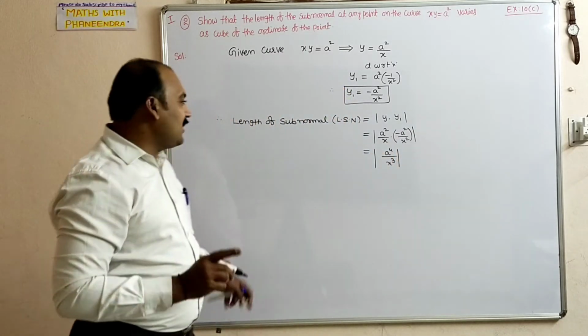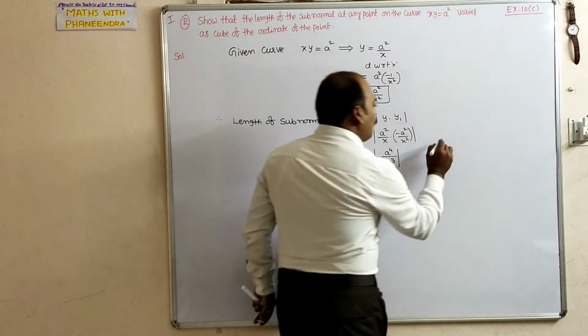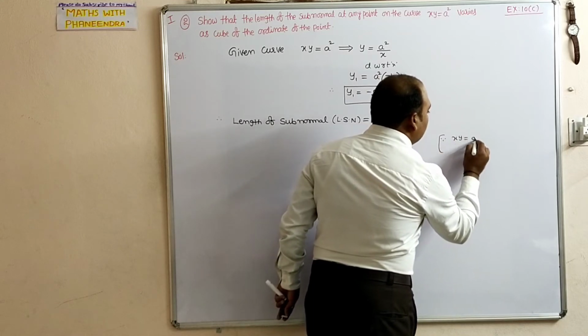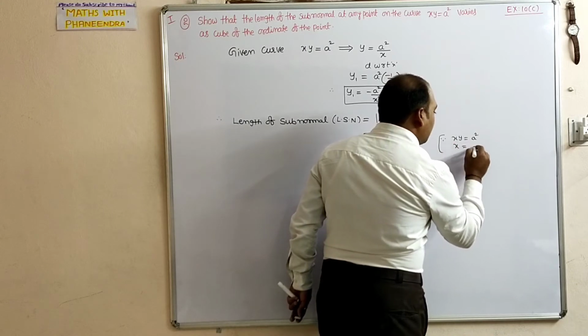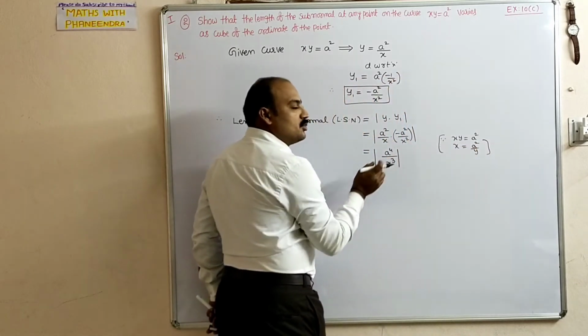But the answer they are asking to show is the cube of the ordinate. From the curve we have xy equal to a square. From this, make x the subject: a square by y. This value you have to substitute here.